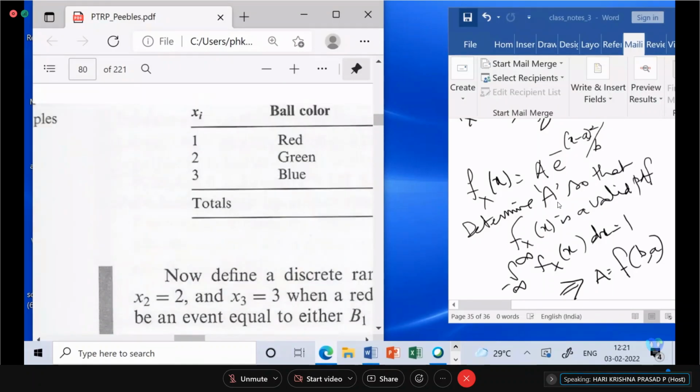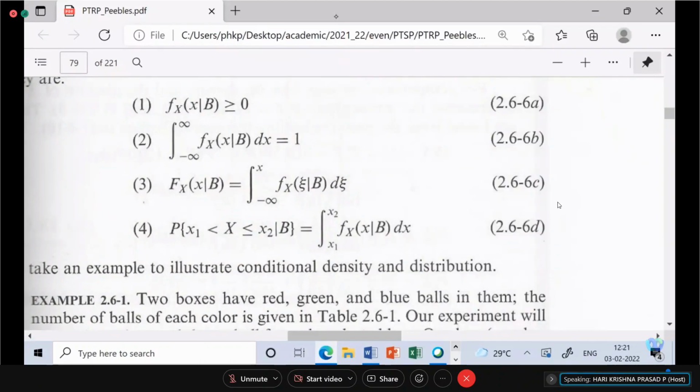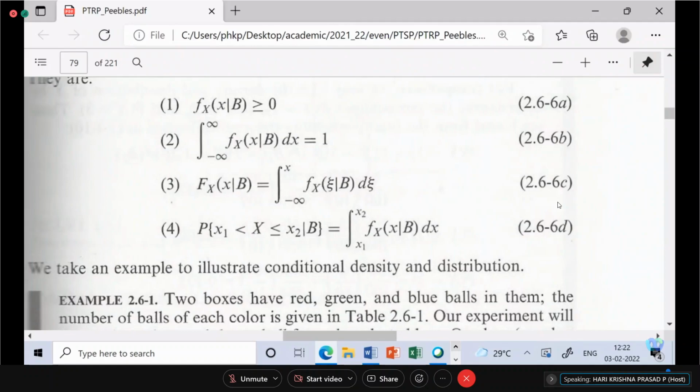Let us see the third property. What does the third property say? When we take the area under the density function between the least possible value for the random variable and a specific value for the random variable, small x, this small x is the upper limit for the integral.